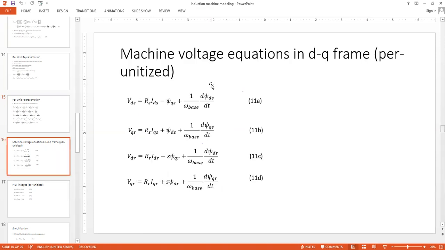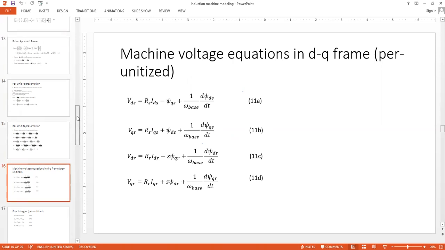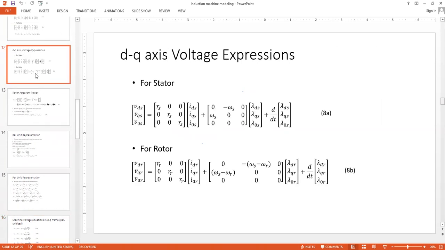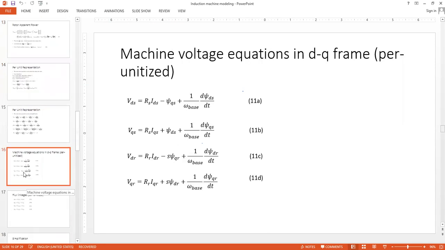And then, if you try to get the equations, that is the voltage equations that we got in slide number 12, you can see it is VDS, VQS, VDR, and VQR, and of course the zero elements are there. These are in actual variables. You can see a small vds, a small vqs, so all these are in actual quantities. When you make the per unitization, you get the expressions in slide number 16, equations 11a up to 11d.